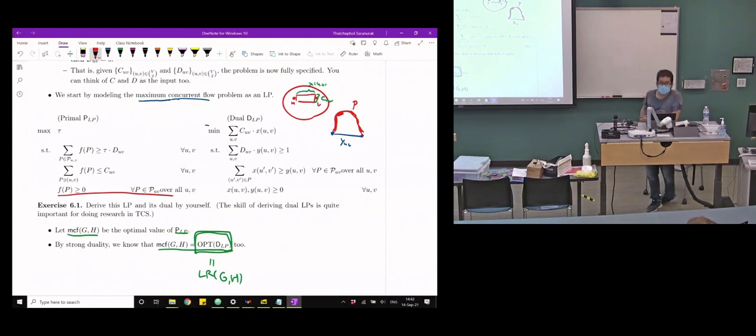Seems bad, but there are several reasons why you can actually compute it in polynomial time. Can some of you tell me? Yes, that is one reason. If you just want a value, then you can compute it by looking at the dual LP. You can also really get the flow, though.